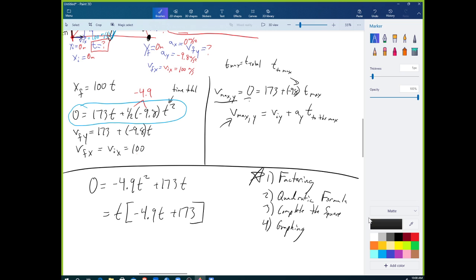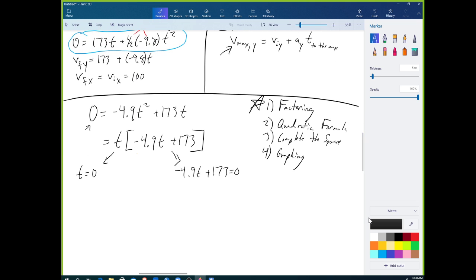And then remember, if you're set equal to 0, your goal then is you take each factor and you set it equal to 0, and you solve each of those equations. First one's easy because it's solved for us. Second one takes a little more work, but it's not difficult.